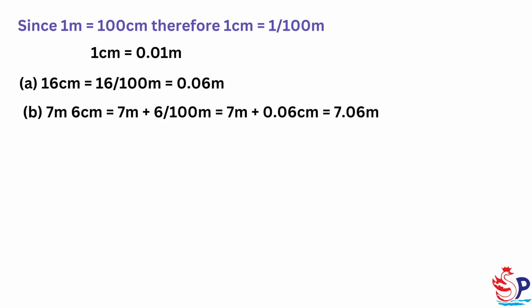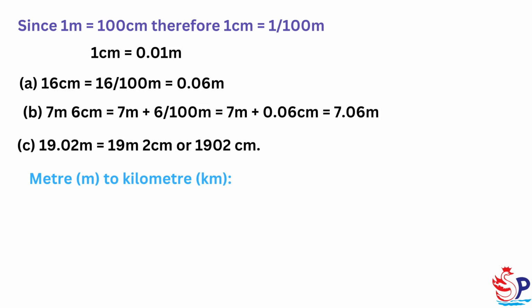B. 7 meters 6 centimeters equals 7 meters plus 6 divided by 100 meters equals 7 meters plus 0.06 meters equals 7.06 meters. C. 19.02 meters equals 19 meters 2 centimeters or 1902 centimeters.